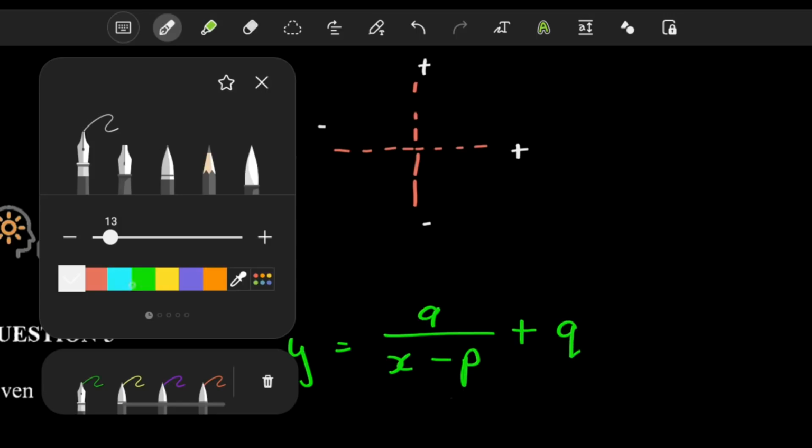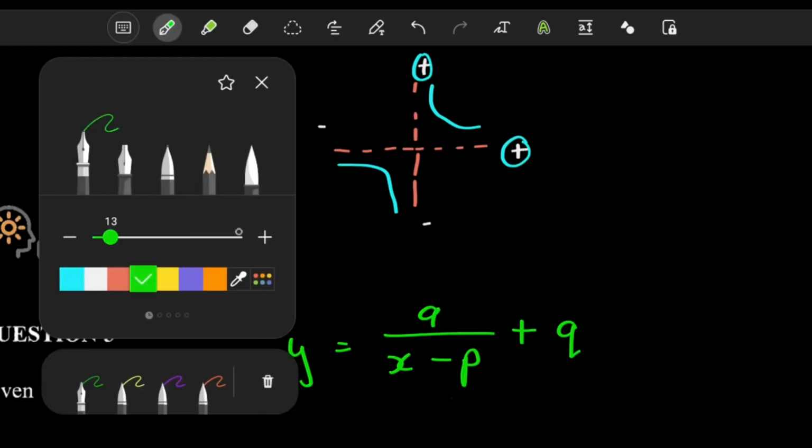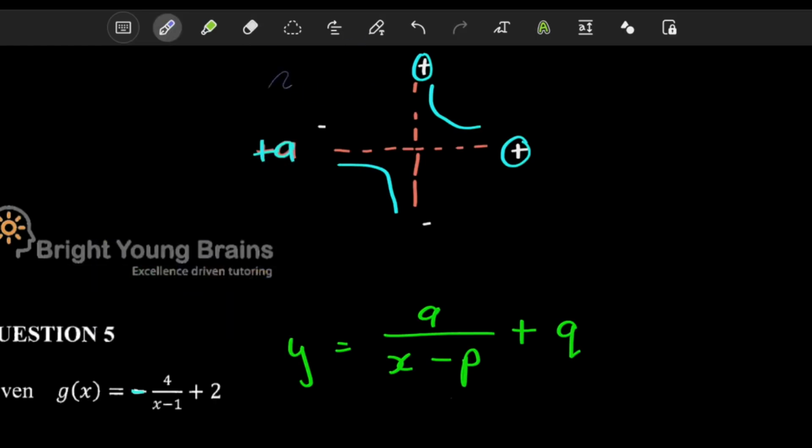So if your a value is a positive number, you're going to have a curve over there and a curve over there. The reason is, plus and plus gives you a curve there, and minus and minus gives you a curve over there. But if your a value is a negative number, then you're going to have a curve over there because it's negative and plus, or a curve over there, negative and plus.